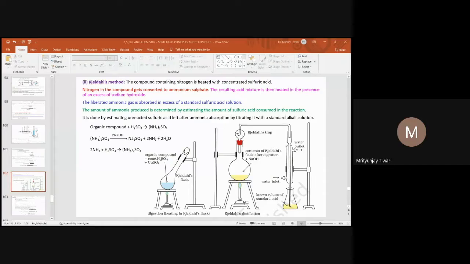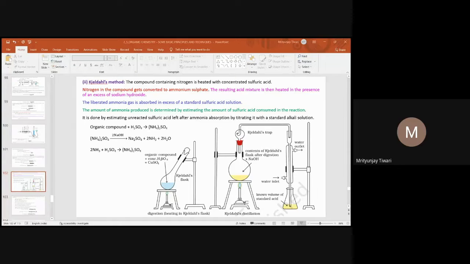Now, let the mass of the organic compound taken be m gram. So the mass m of organic compound is taken initially, and let the volume of the H2SO4 of molarity M taken be V1.